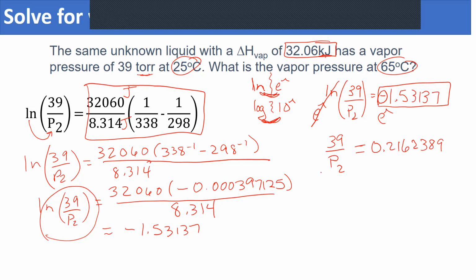All right, and now you can cross multiply. The next step is often tricky for students because the variable is in the denominator. So always cross multiply. I get 39 equals 0.216239 times P2. Then divide both sides by this number in order to isolate that pressure.